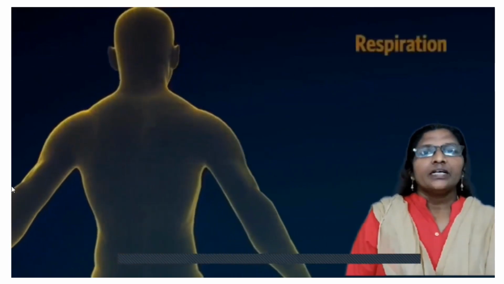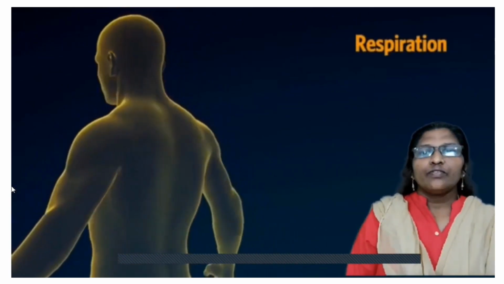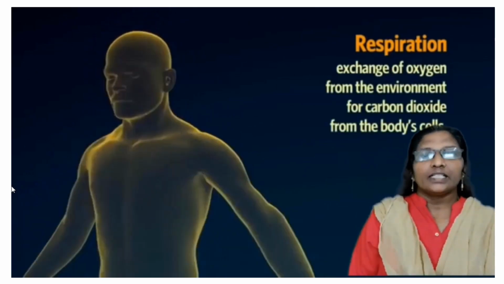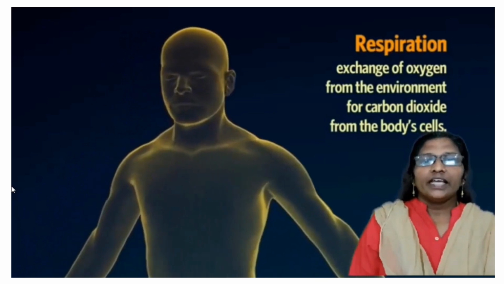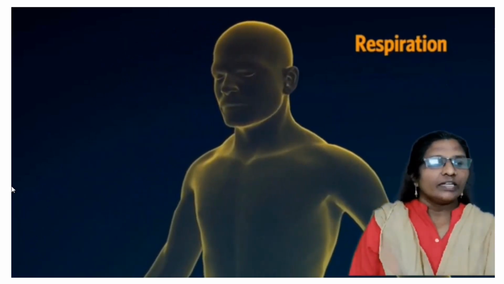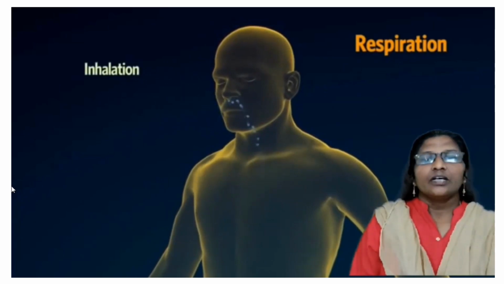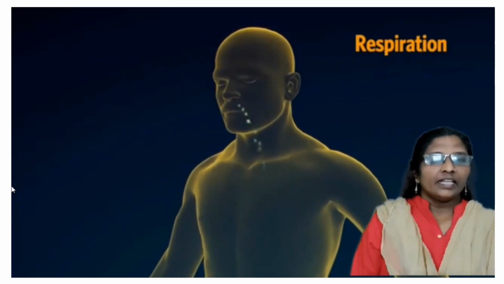Various organ systems are continuously performing their functions in the human body. Respiration is the exchange of oxygen from the environment for carbon dioxide from the body cells. The process of breathing in air to the lungs is called inhalation, and the process of breathing it out is called exhalation.